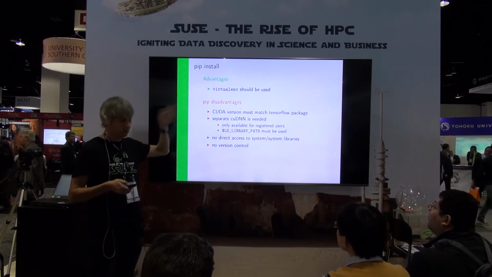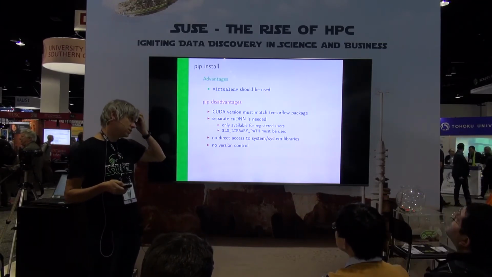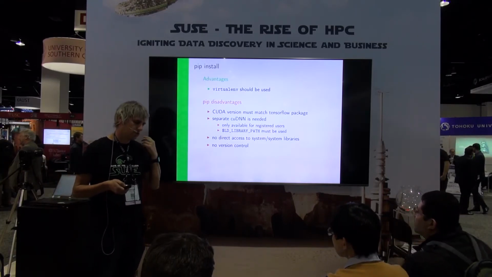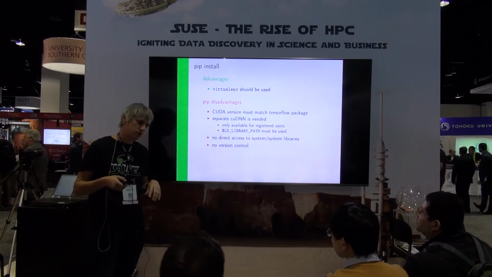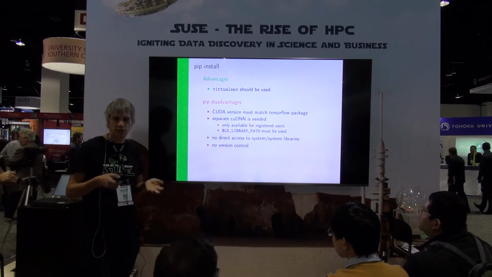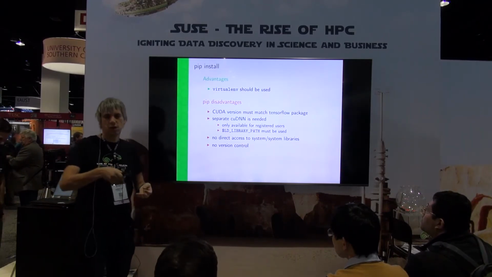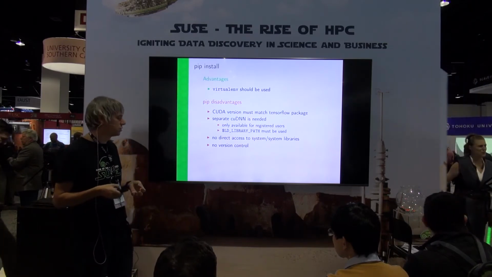Still, for my experiment I really used the pip approach, because that was the only real way to get it running on the graphics card, to run it on the GPU, because that was the thing I also wanted to try out, how much faster the GPU is really compared to the host CPU.